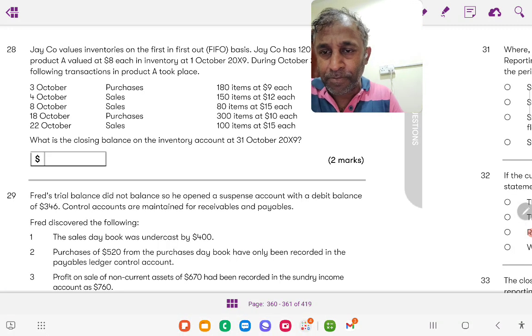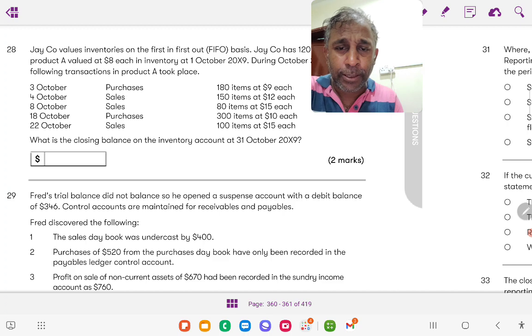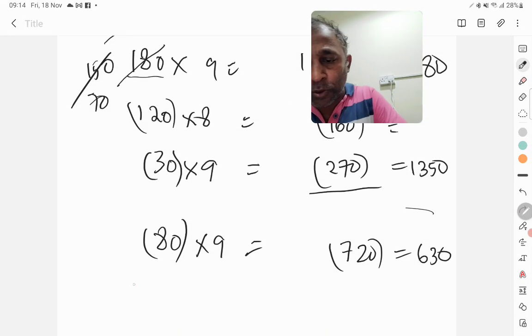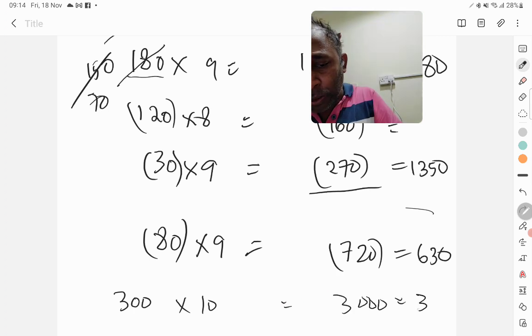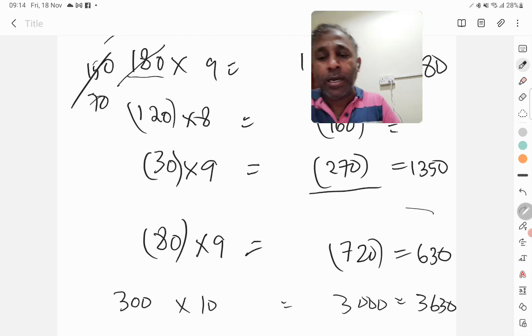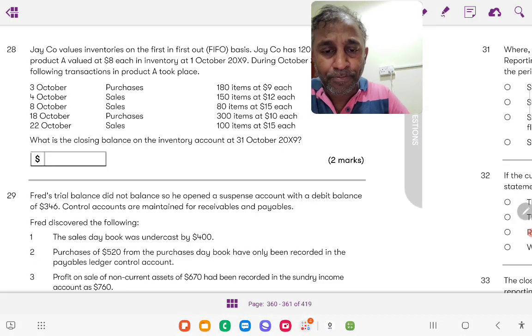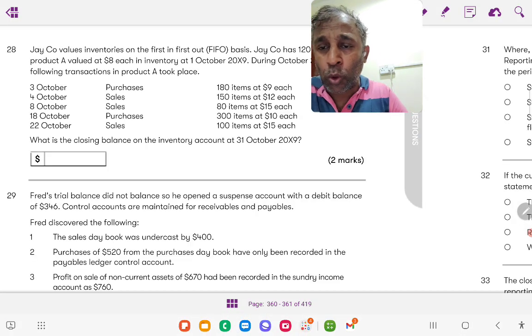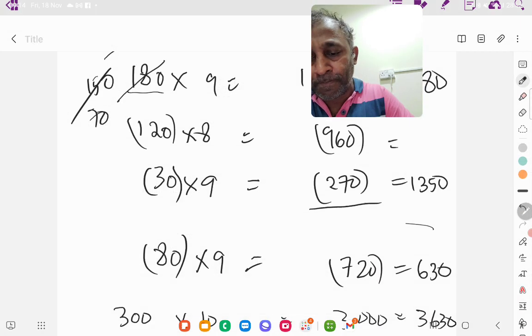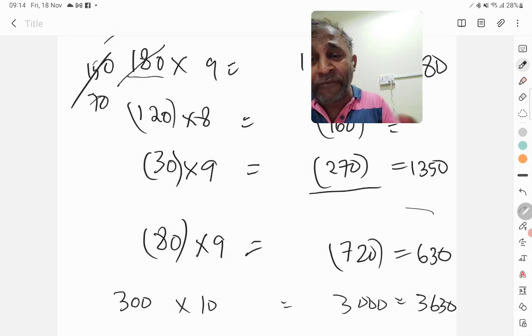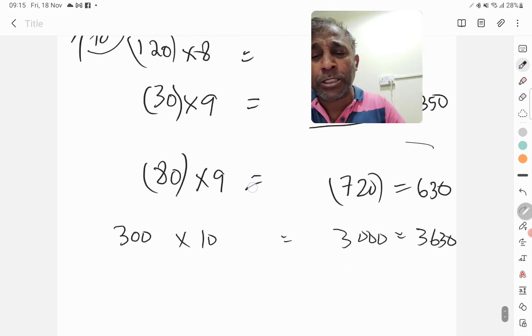Then what do they say? On 18 October, I purchased 300 at 10. So now I buy 300 at 10, that is 3000. So 630 plus 3000 is 3630. And then what happens? On 22 October, I sell 100 items. Now remember, with FIFO, first I need to use this 70 and then another 30 from this 300.